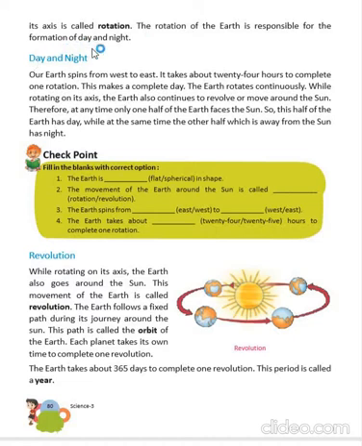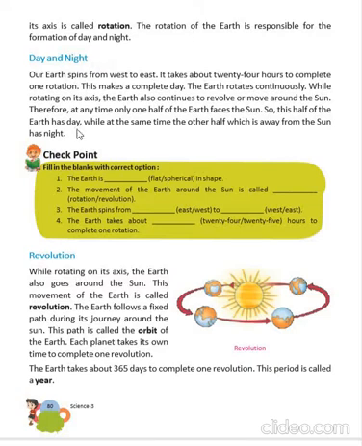Now how are day and night formed? Our Earth spins from west to east and it takes about 24 hours to complete one rotation. That's why our day has 24 hours. The Earth is rotating continuously on its axis and it also continues to revolve or move around the Sun.